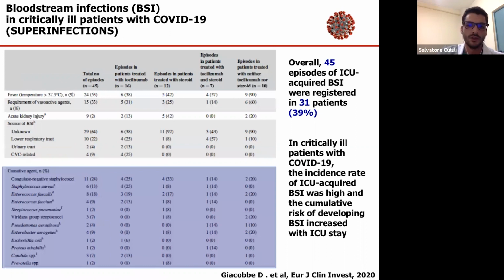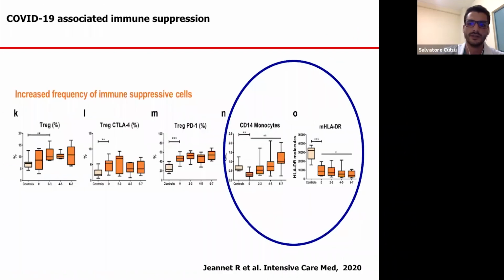The reason why patients with COVID-19 may have an increased risk of infection is the therapy that we use, for example tocilizumab and steroids. But we also know that there is a kind of immune suppression induced by COVID-19, which may justify the increased risk of infection in this patient population.